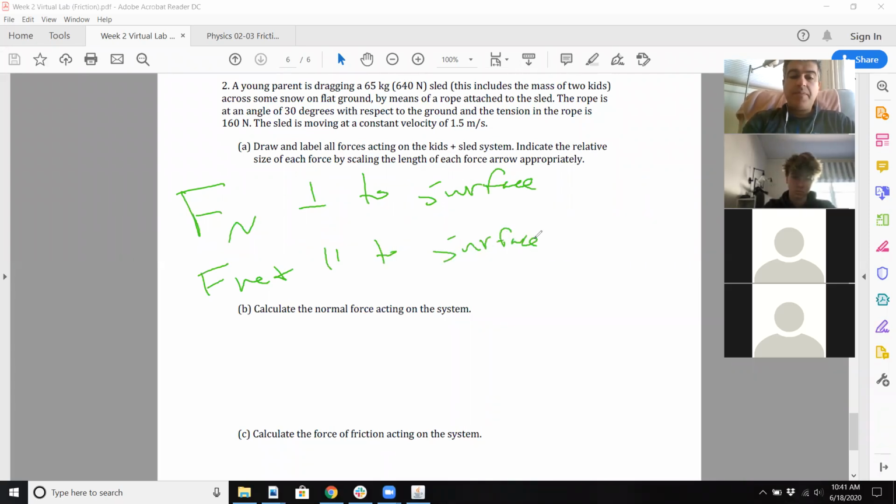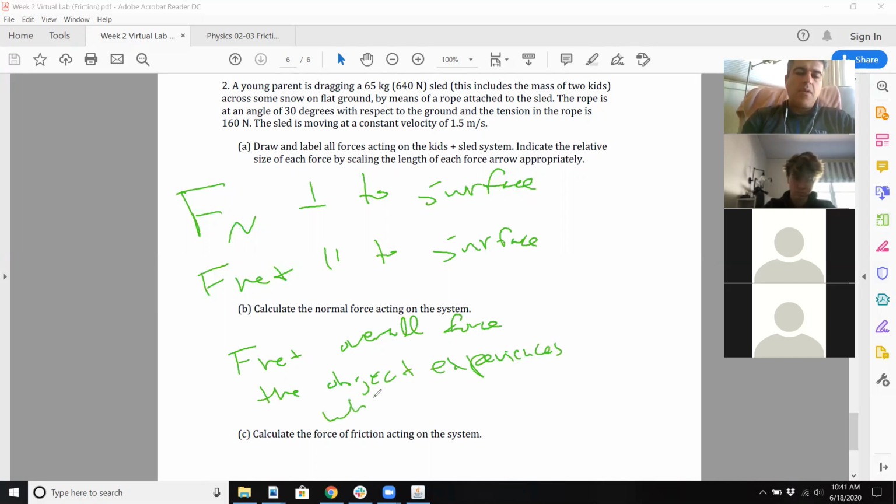That's the main difference. And Fnet is the overall force the body experiences, or the object, we'll just call it that, while in motion. So that's how you think of it.